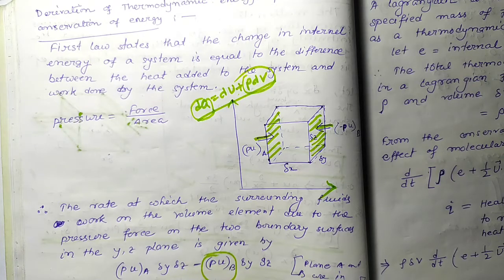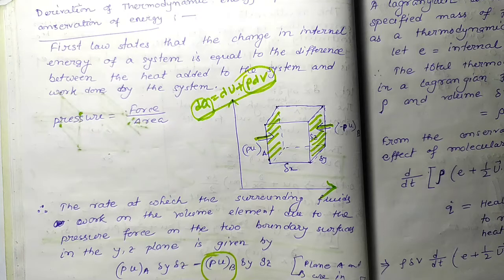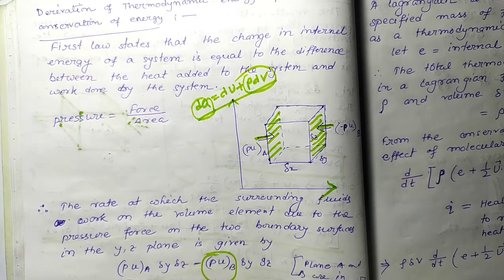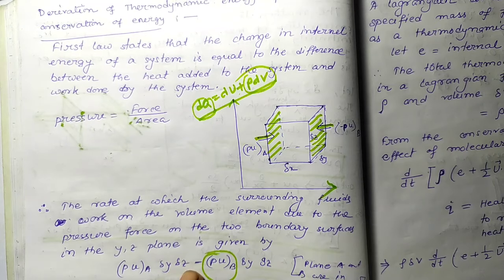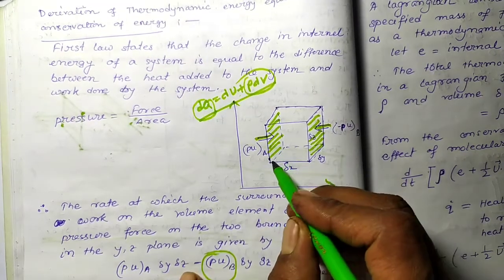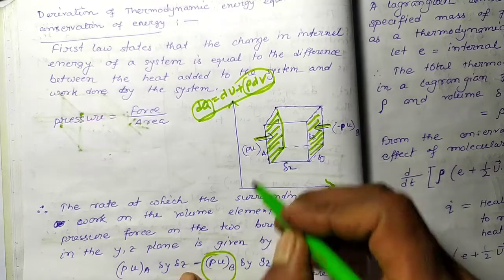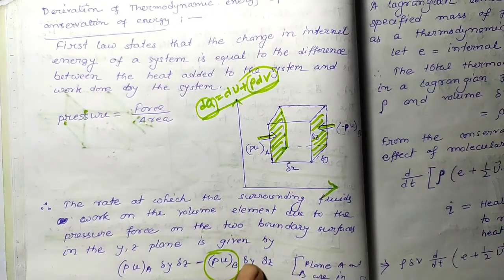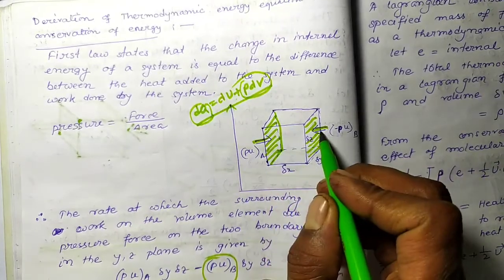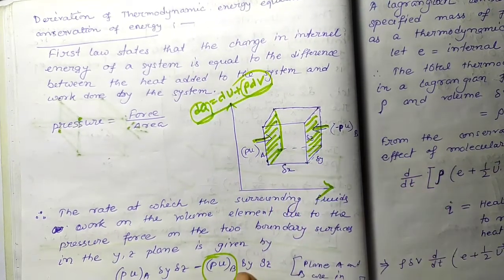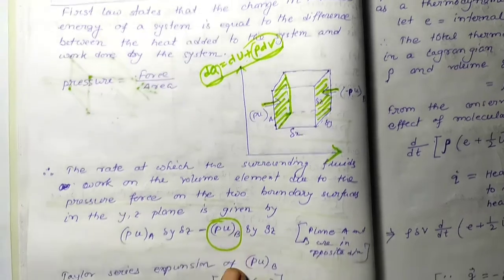Therefore, the rate at which the surrounding fluid does work on the volume element due to the pressure force on the two boundary surfaces in the y and z plane is given by Pu at surface A times delta y delta z, the area being delta y and delta z, minus Pu at surface B times delta y delta z. As we can see, the two directions are opposite to each other, that's why the minus sign is coming.